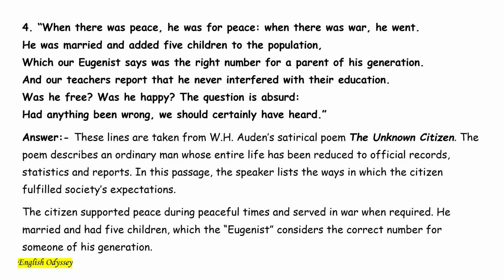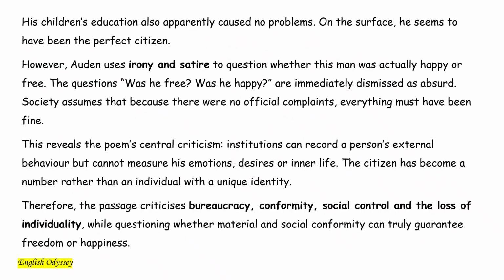And now we come to the final question of section A from W.H. Auden, The Unknown Citizen. The passage describes a man who appears to be an ideal citizen because he follows all the expectations of society. He works, marries, has children, and serves his country.